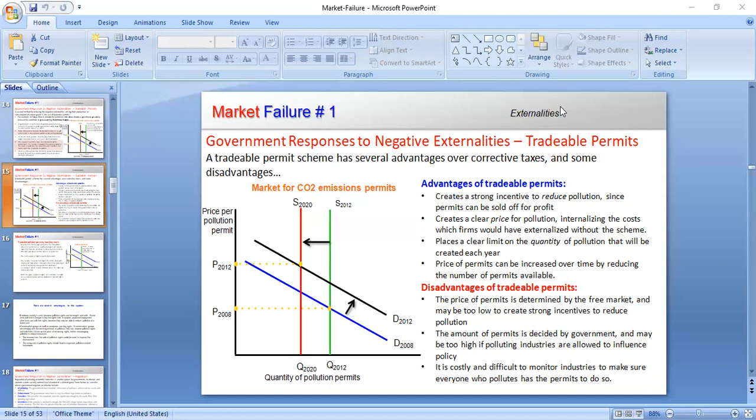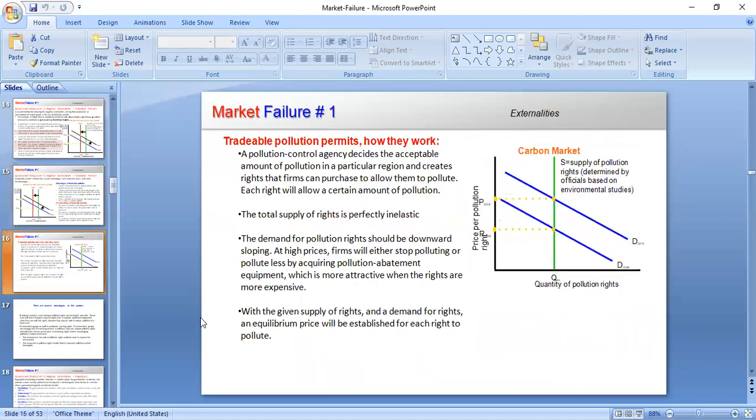Then also, it is costly to monitor industries to make sure everyone who pollutes has the permit to do so. So it is a task that involves government monitoring these farms, actually going to the ground and ensuring that these farms are abiding by the commands set by the government, right?